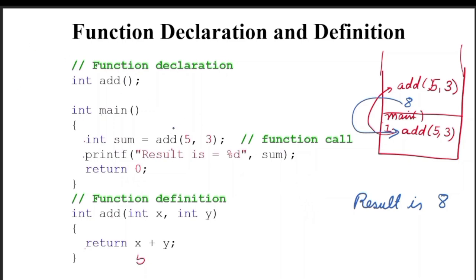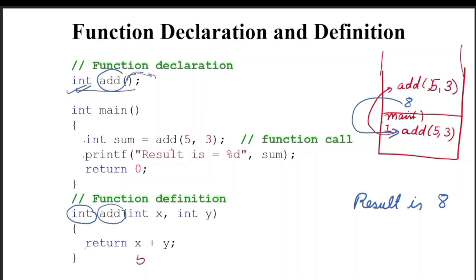So to avoid that, we first declare the function. All right. In the function declaration, what are we going to write? The return type of that function. All right. Then the function name. This is the function name. Then the parameter list.